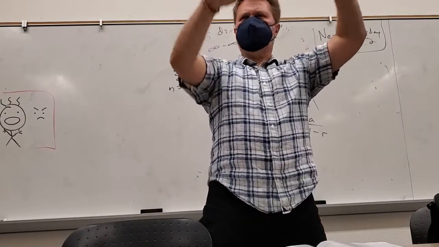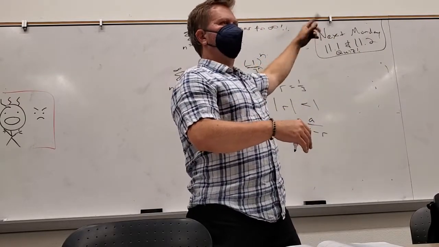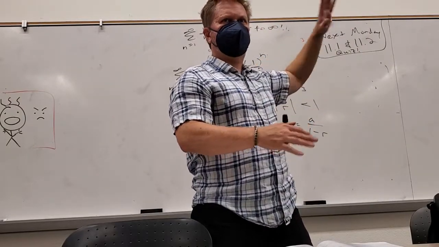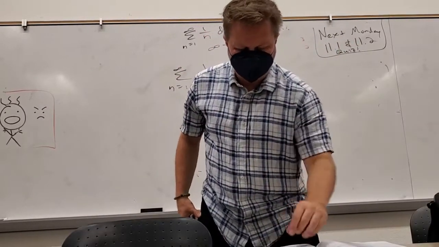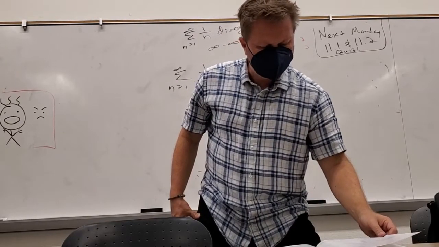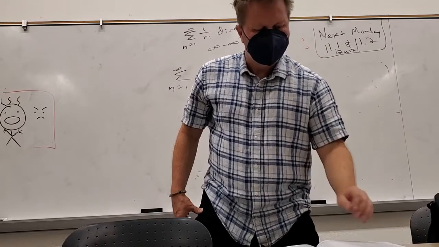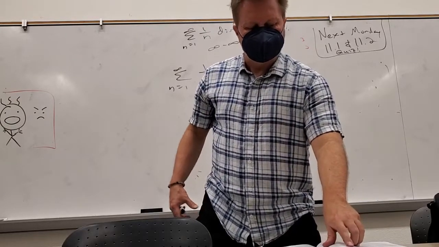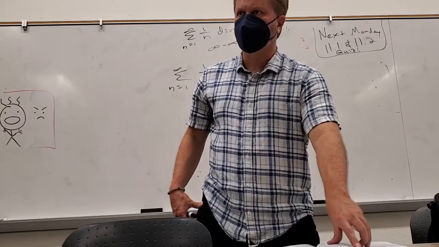Everybody's a little freaked out, but it's very similar to the thing we do with repeating decimals. It's almost the exact same idea. So they do that in a slightly different way, at the bottom of page 709. I don't know if they give you an example. Yeah, so you can see, as long as the absolute value of R is less than 1, the sum is equal to A over 1 minus R.